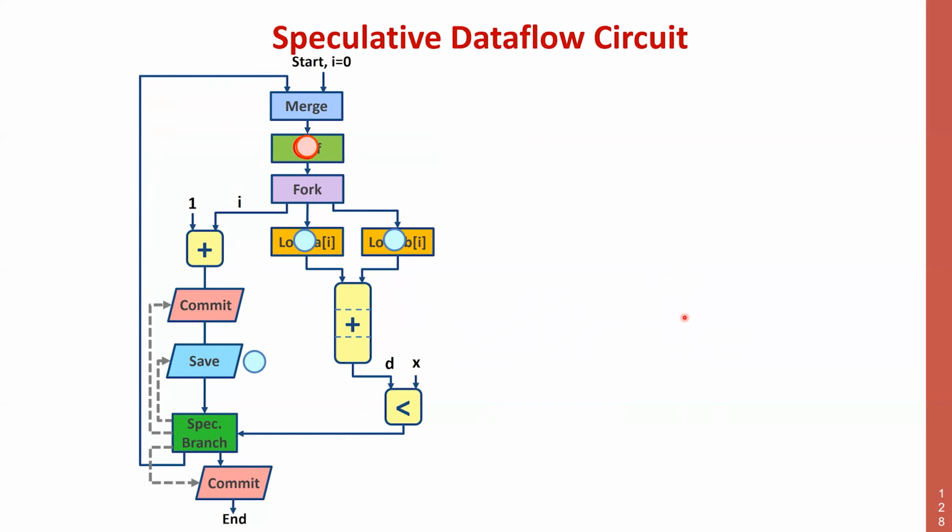The problem is that it starts sort of well, in the sense that there is this speculative token, the red token that we just have seen, that comes down, but unfortunately it stops in this commit unit, because you cannot speculate twice on the same token.